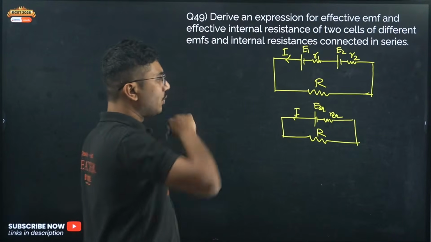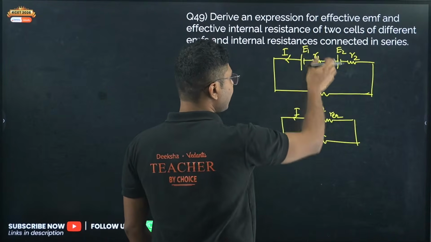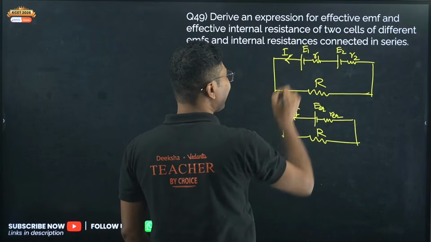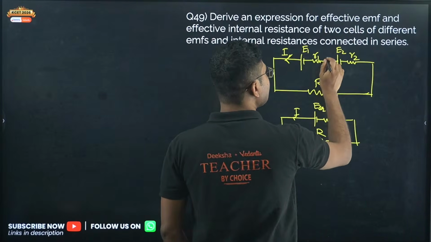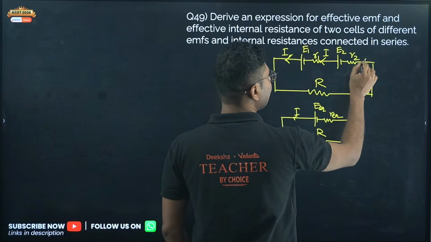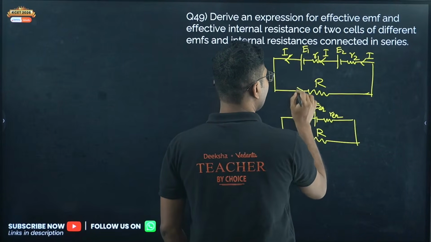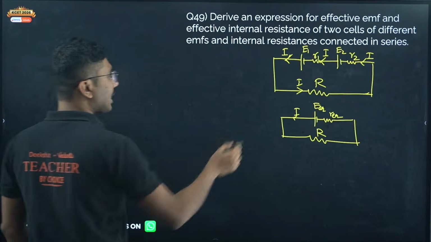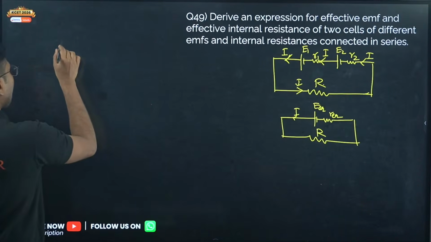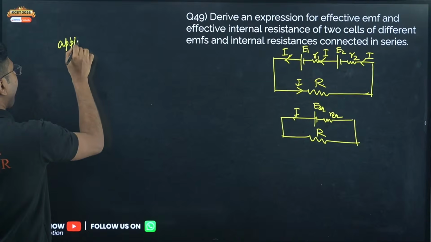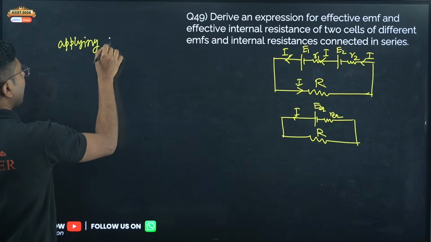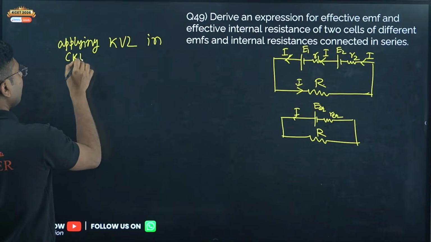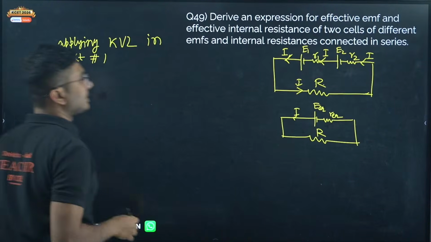Now first we will apply Kirchhoff's law in this circuit. Remember, if current I is exiting a battery, same current should come back. Similarly, same current should come back here as well. So the entire circuit will have the same current I. First we will start with this two resistor, applying Kirchhoff's voltage law in circuit number 1. This is circuit number 1.